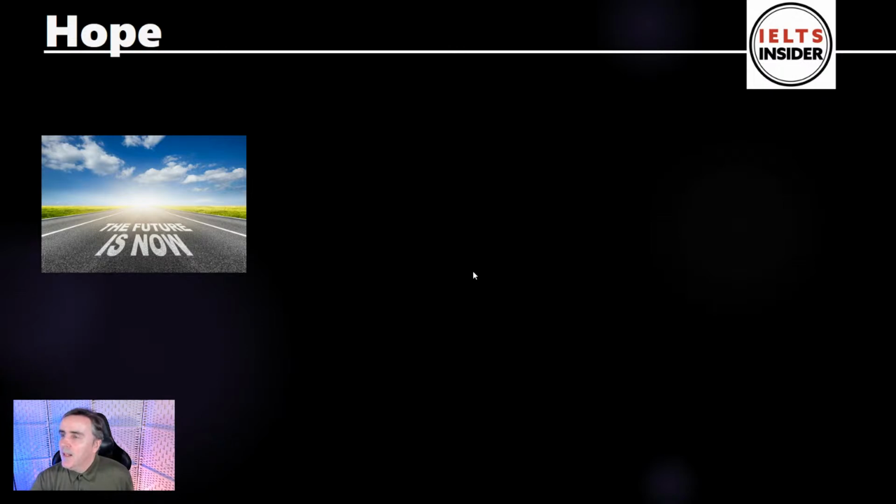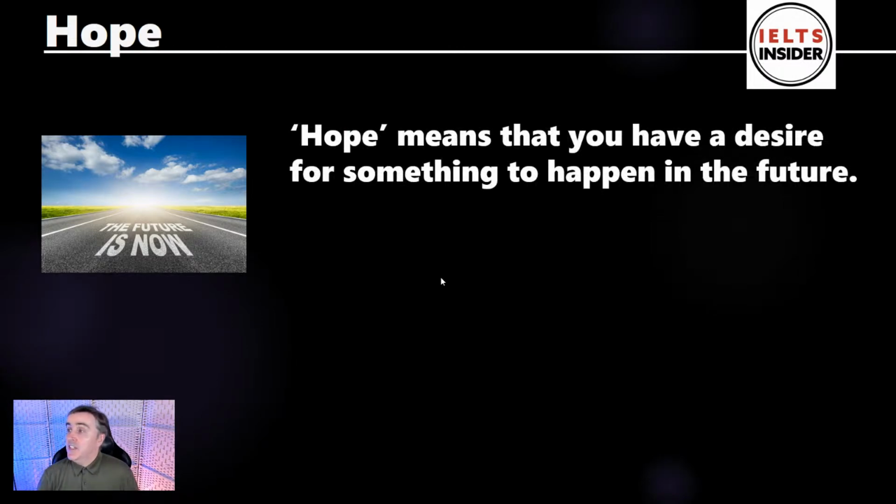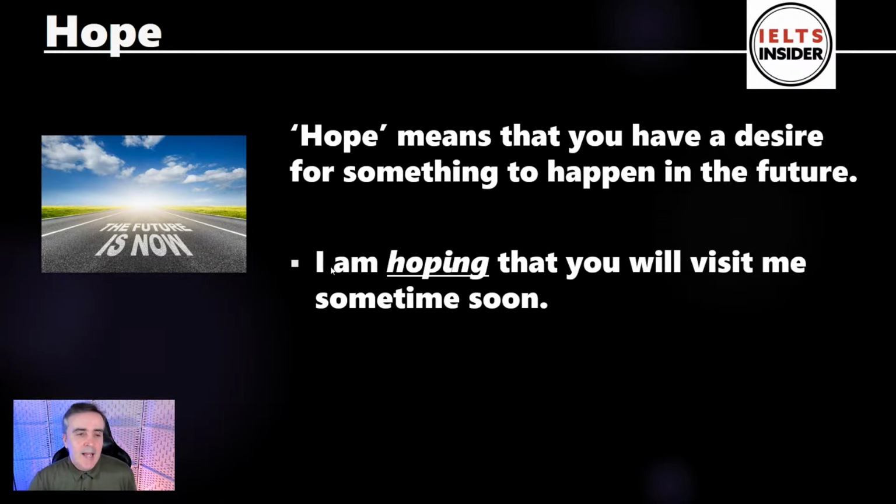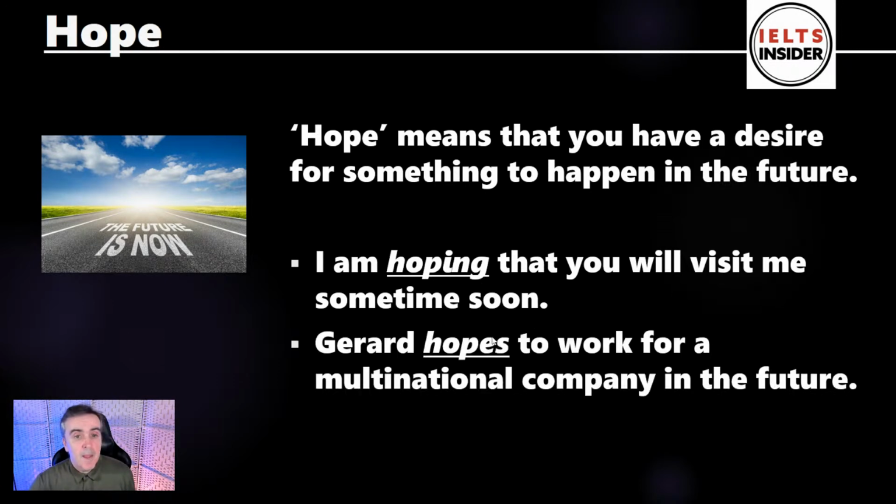I hope. So, hope means that you have a desire for something to happen in the future. In a way, it's similar to want, but it's maybe a little bit stronger. You've got this desire that something should happen in the future. Again, this is another one that we can use with present simple or continuous. So in this one, I am hoping that you will visit me sometime soon.